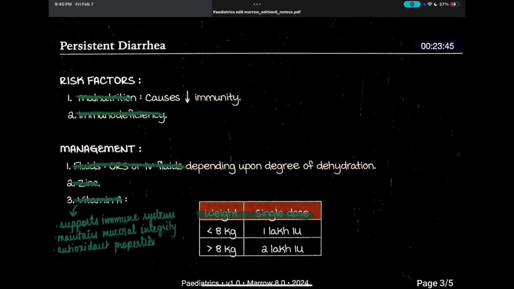Malnutrition, and it's due to decreased immunity. Malnutrition can decrease your immunity.